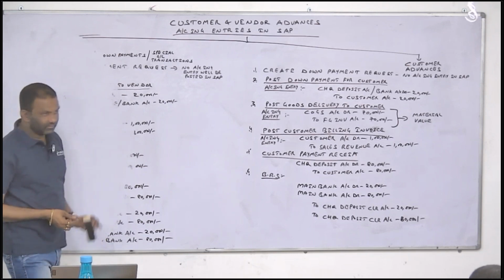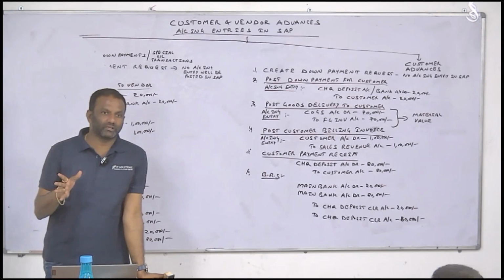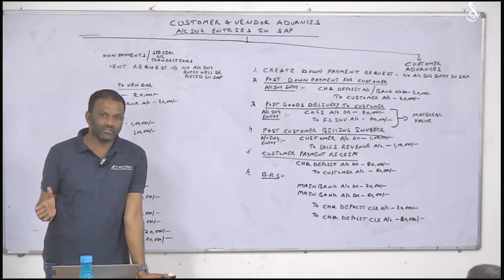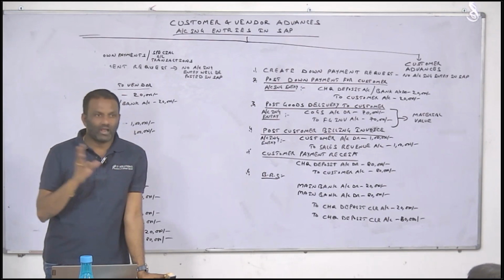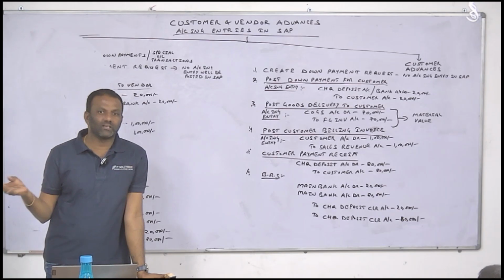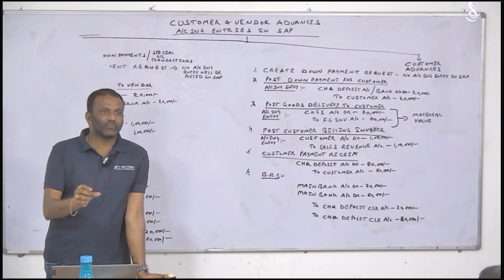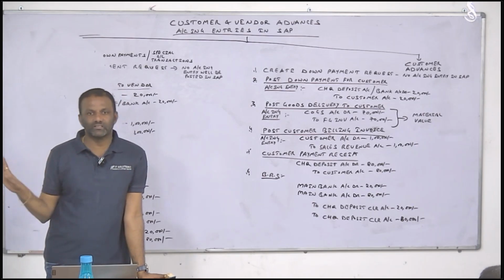Now, these are all very, very important, because any business you take, whatever we are discussing since the last 4 or 5 days, they will post all these accounting entries, either they use SAP or Oracle or Tally. Some people may follow one type of structure, some another. But a transaction is a transaction, and an accounting entry is an accounting entry.